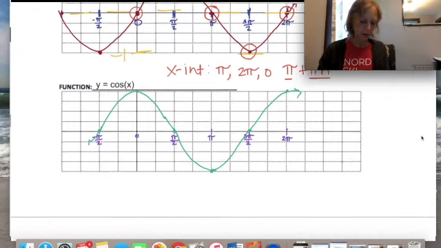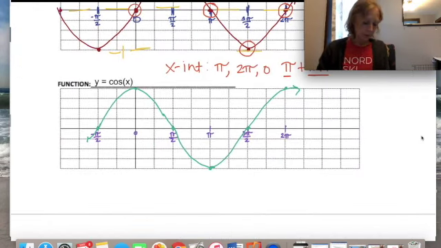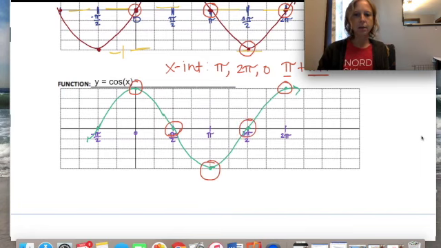Let's look at your cosine graph. So cosine starts at +1 and it goes down in a distance of pi to -1. Notice it passes through the x-axis on its way. Then at 2 pi it lands at 1 again. It passes through the x-axis on its way. So same pattern. The distance between every maximum and x-intercept is pi over 2.